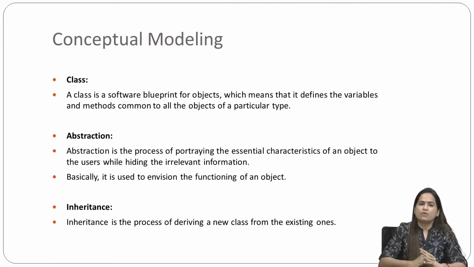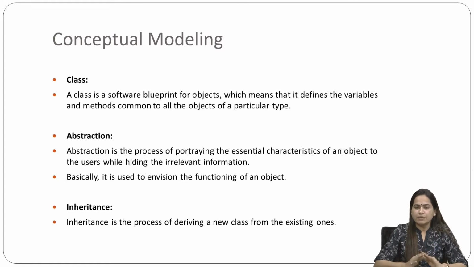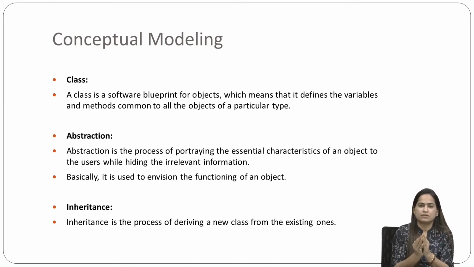A class is a software blueprint for objects, which means that it defines the variables and methods which are common to all the objects of a particular type. For a particular type of objects, if we have variables or methods which are common, then it is called a class. We can say it is a blueprint for objects.